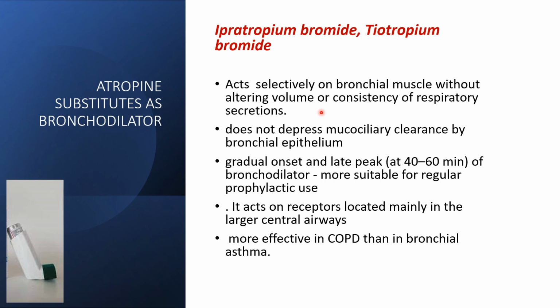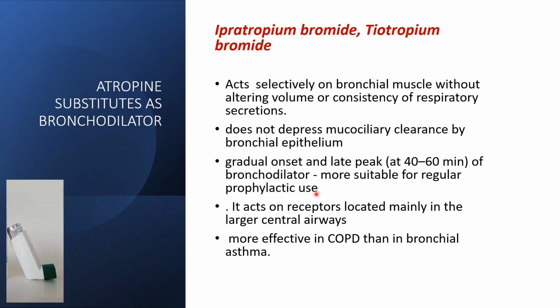In contrast, atropine dries up the secretions, whereas ipratropium bromide and tiotropium bromide don't alter the volume or consistency of secretions, and they also do not depress the mucociliary clearance by the bronchial epithelium. This is an advantage of these drugs.